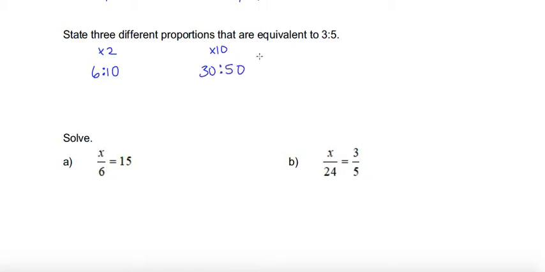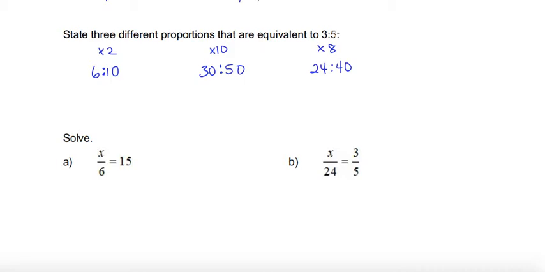Or we might decide to multiply them by a random number like 8, and we might get 24 to 40. It doesn't matter what number you choose to multiply by, as long as you are multiplying both of those terms by the same number, then when we put these into lowest terms, they're going to be equivalent.